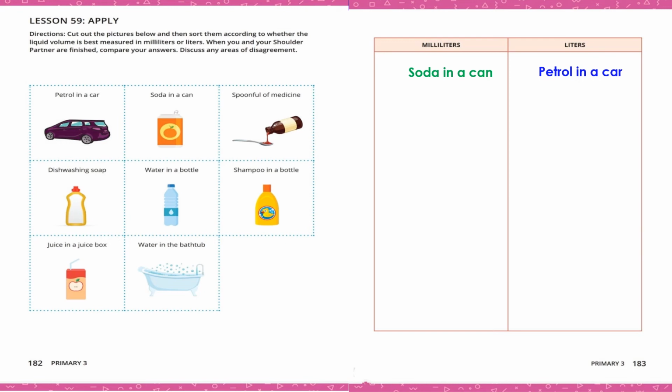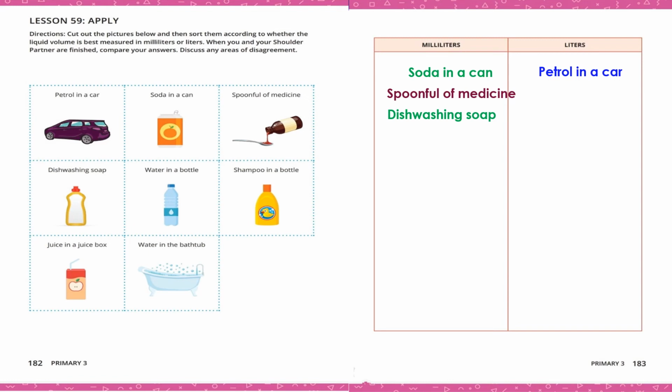Yes, it's a small amount, so we will take milliliters. Number 4, dishwashing soap. It's a large amount or small amount? It's clear. It's a small amount, so we will put it in milliliters column.